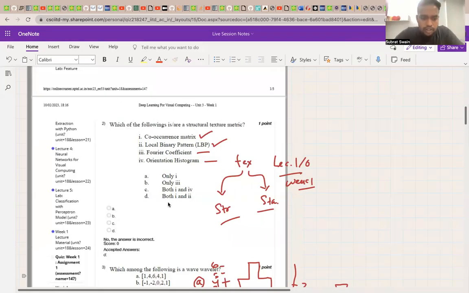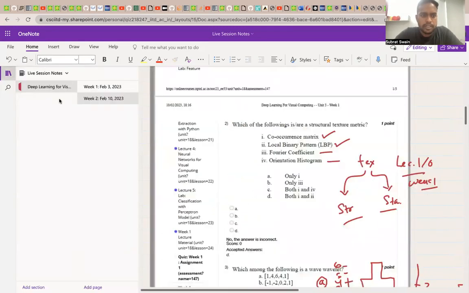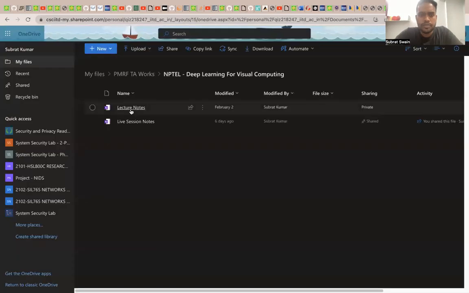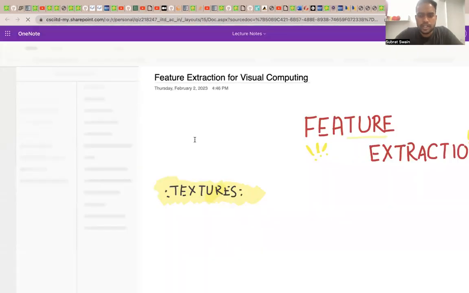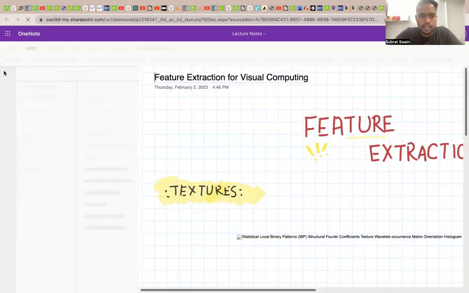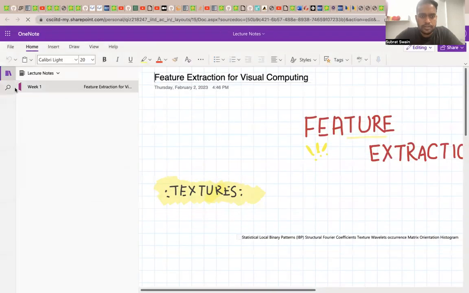Okay. So either the answer is wrong or there is some doubt in the lecture slides. Let me see. I made some notes, I guess.